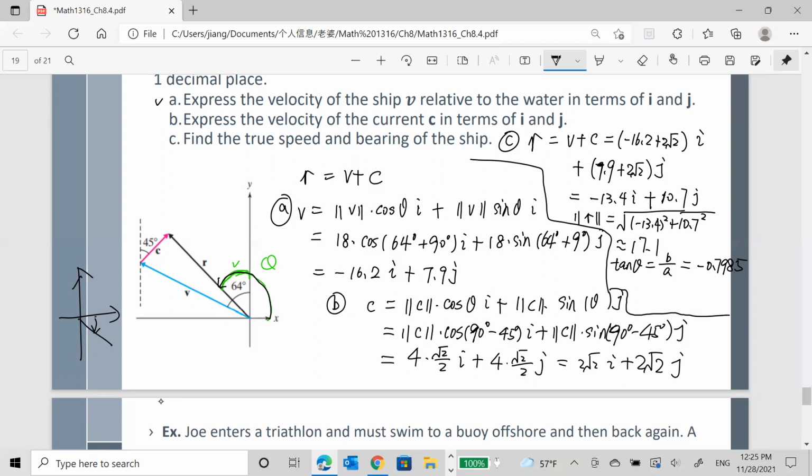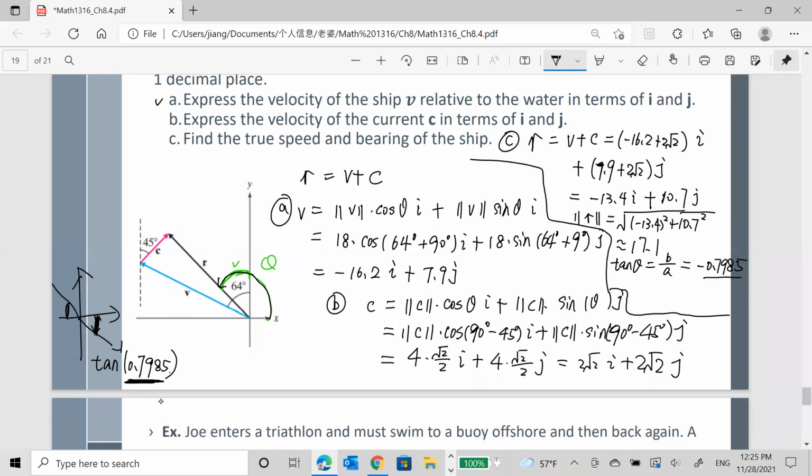Theta is not this negative angle, but we have learned that the reference angle of this angle equals this. So I can take the inverse tangent of 0.7985, because here it is negative, and find the positive value.